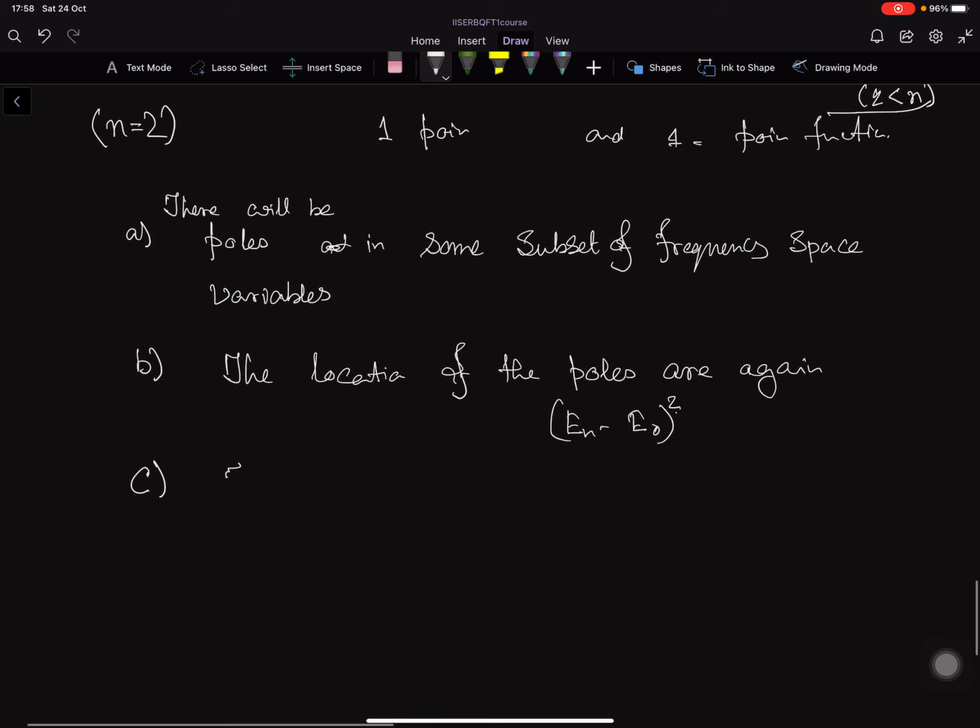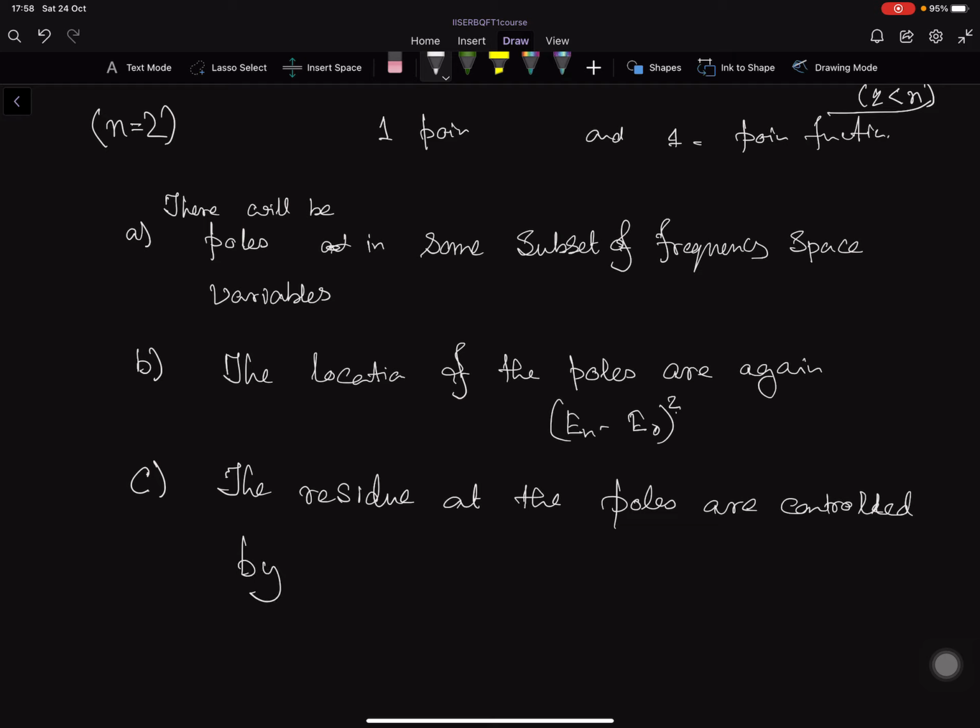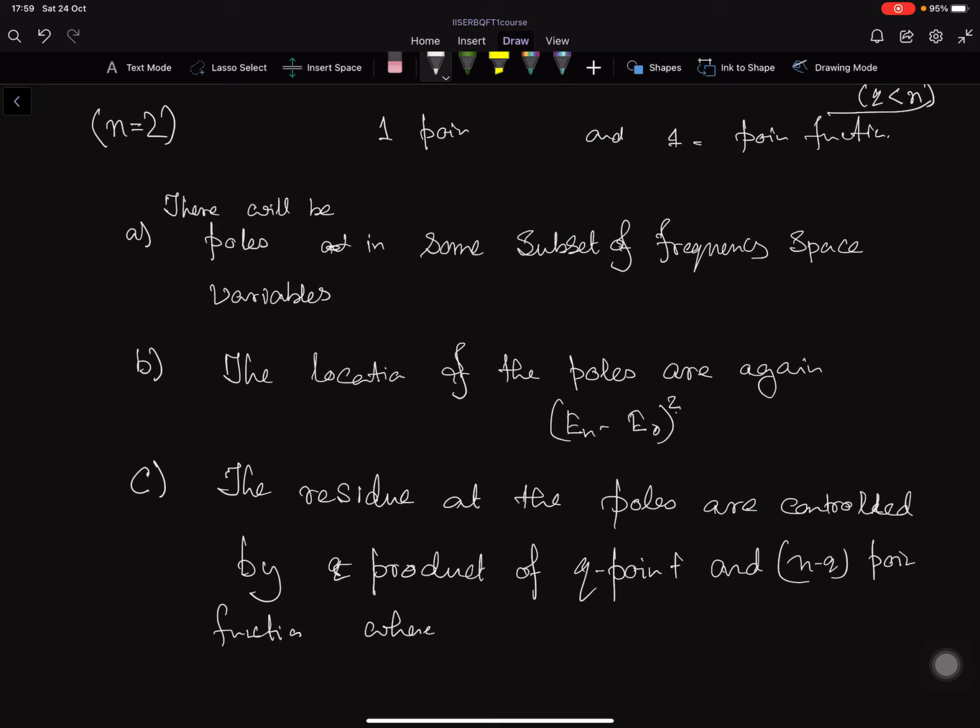And three, the residues at those poles are controlled by a product of a Q point function and an n minus Q point function, where Q is greater than 0 and less than n.